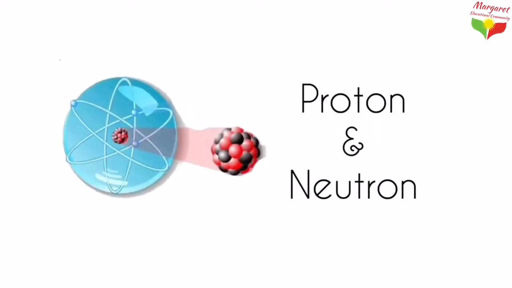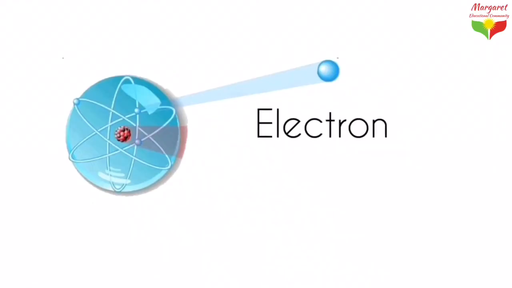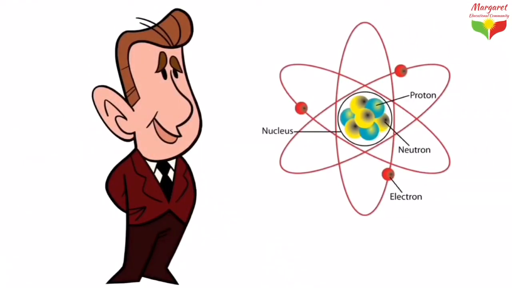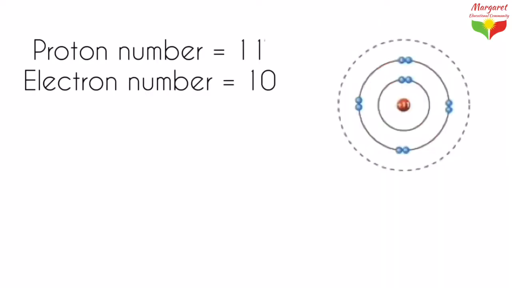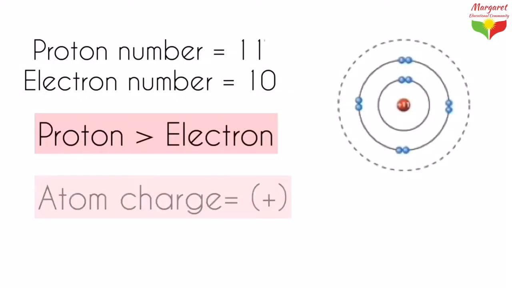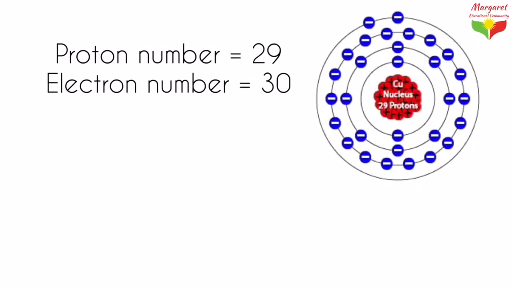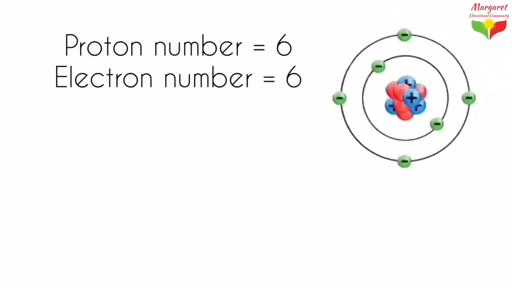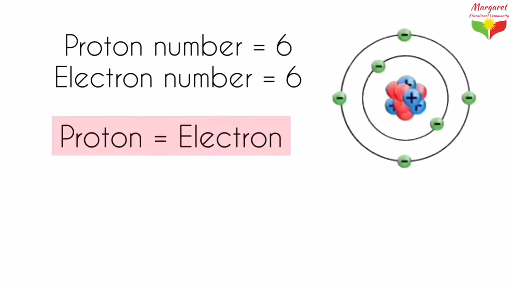An atom consists of neutrons, protons, and electrons. As Niels Bohr proposed, the model has protons and electrons and neutrons, and the atom will be positively charged if the number of protons is more than the number of electrons, and negatively charged if the number of electrons is more than protons. The atom that we're talking about here is a neutral atom, which means it has no charge.